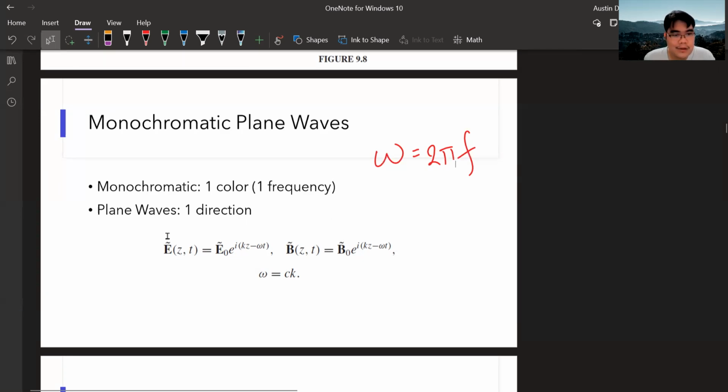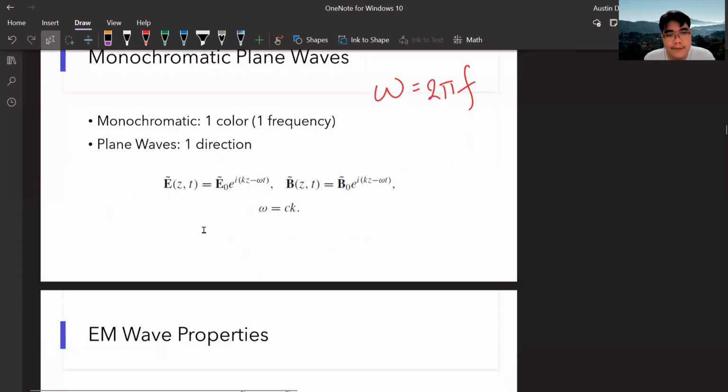Suppose we have an electric field and magnetic field given by this. They are waves, so they are electromagnetic waves.